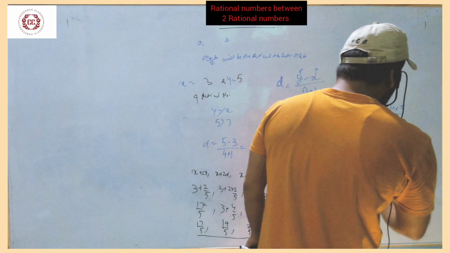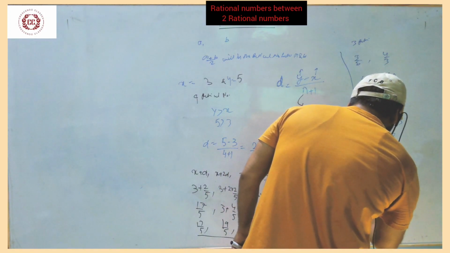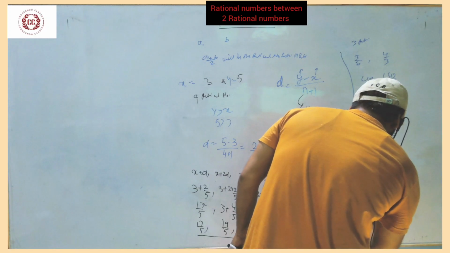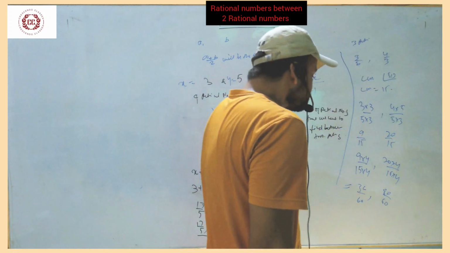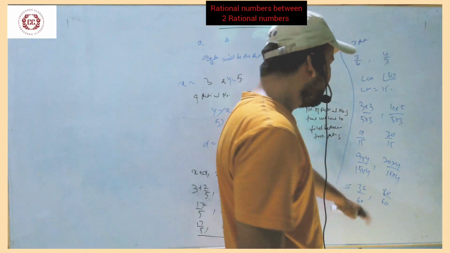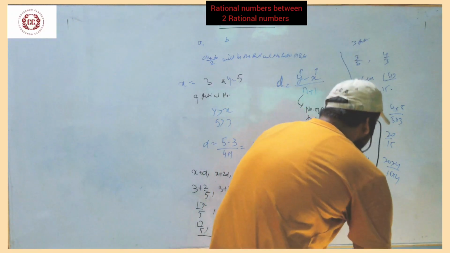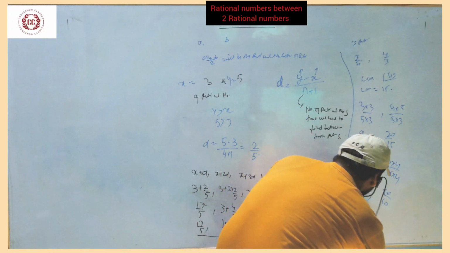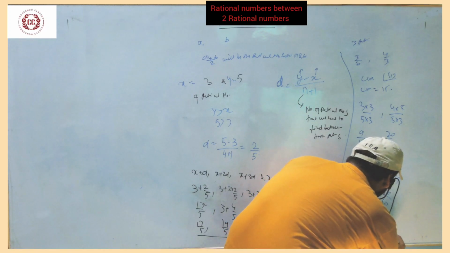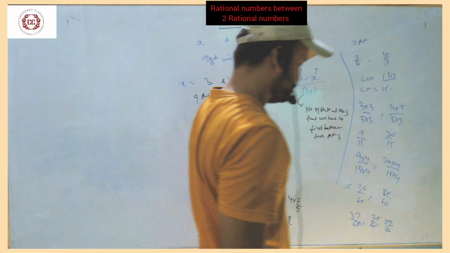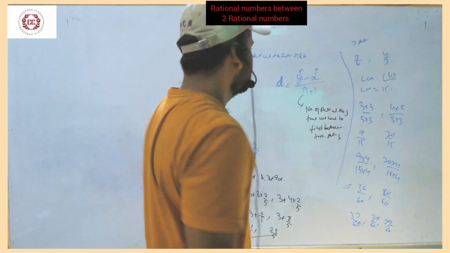In this way our numbers will become 36 upon 60 and 80 upon 60. And now we will write the three rational numbers as 37 upon 60, 38 upon 60, 39 upon 60. In such a way we can write the rational numbers.